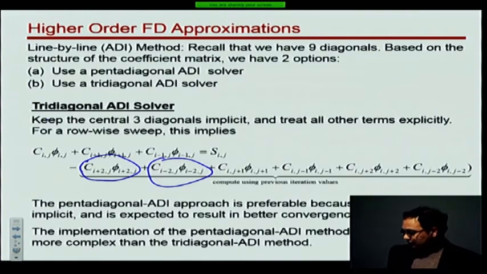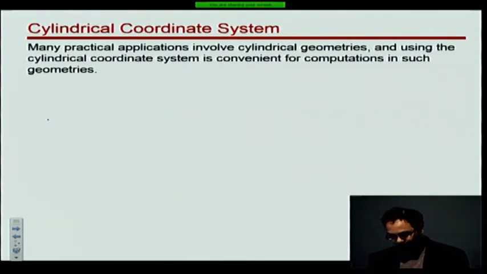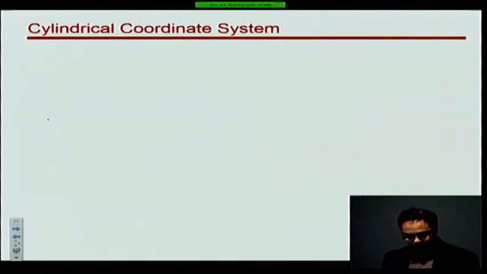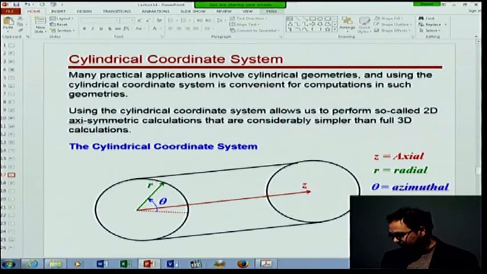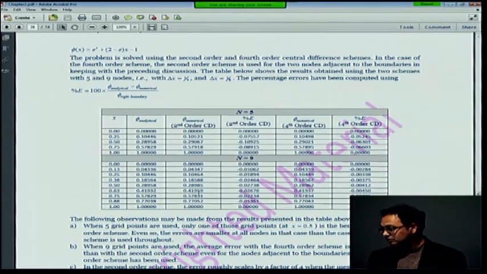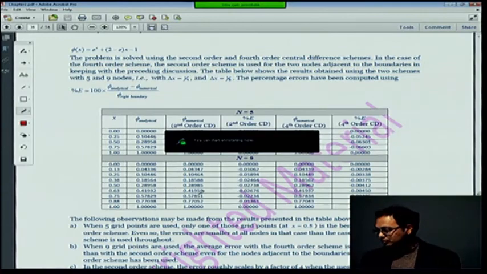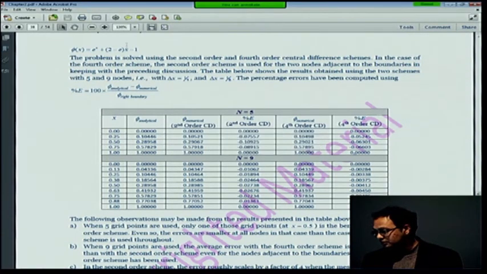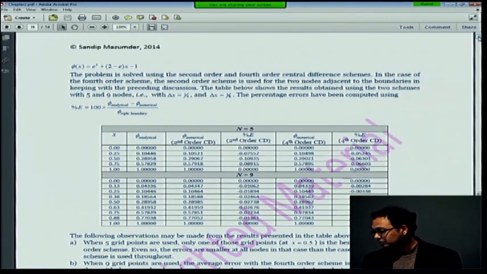Before I move on, I said I'll show you an example of what happens when you use higher order schemes. Here's a very simple example. It's not in here, but I'll just write it down.